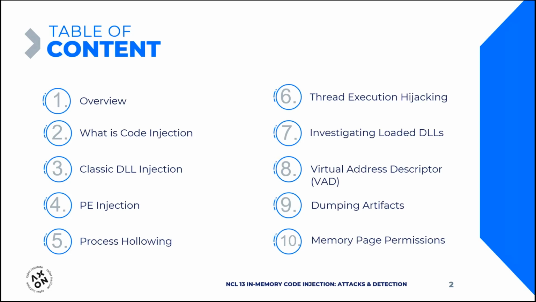We will see how we can dump artifacts from memory pages onto the hard disk and then investigate them. And then we will talk about permissions and how page permissions can reveal so much about code injection attacks.